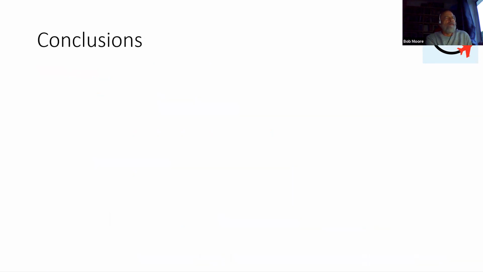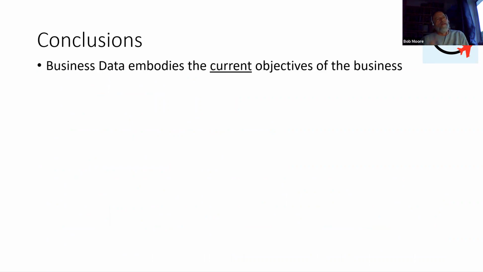So to get to some sorts of conclusions, the business data is essentially embodying the current objectives of the business, and typically when those objectives change, rather than the first port of call being to start going in and changing the logic of the decision services, it will be to modify and update the business data.